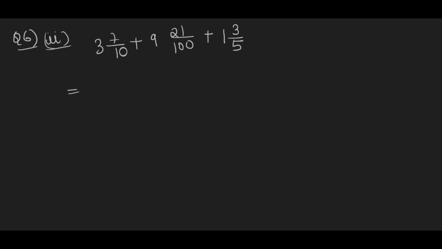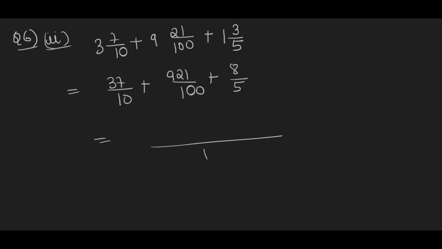So 10 into 3 is 30, 30 plus 7 is 37 upon 10 plus 9 into 100 is 900. This will be 921 upon 100, and here it is 5 ones are 5 and 5 plus 3 is 8 upon 5. So the LCM of these three will be 100.